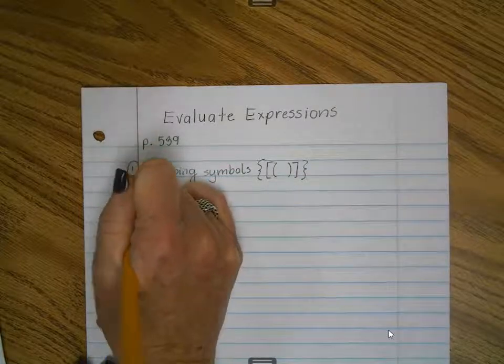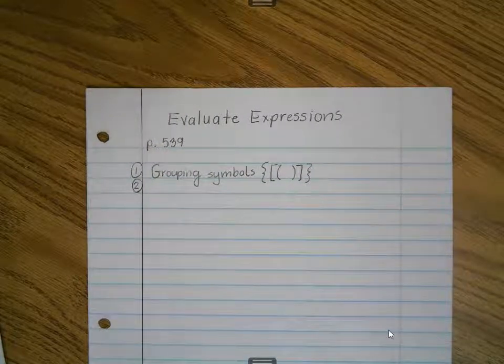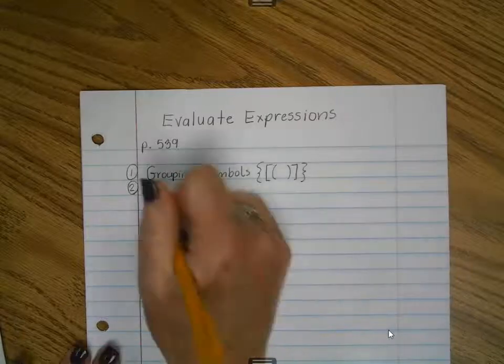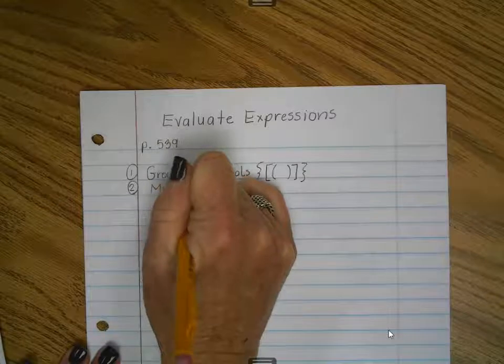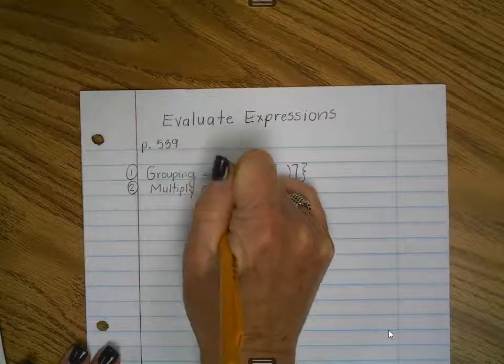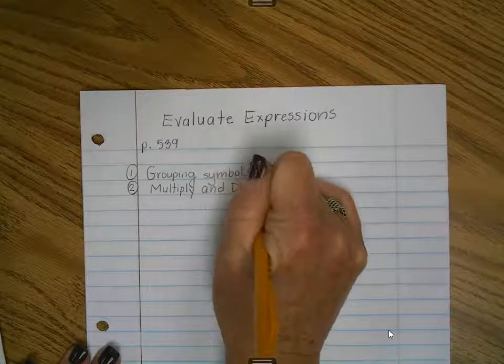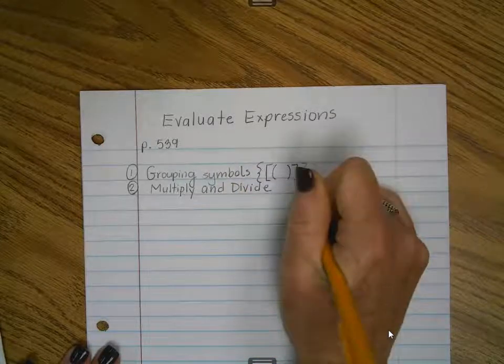After we evaluate, or sometimes while we're within the grouping symbols, if we have multiplication and division, we're going to take care of that next. So we multiply and divide left to right.